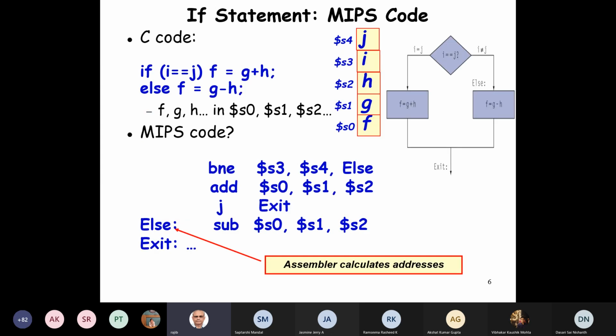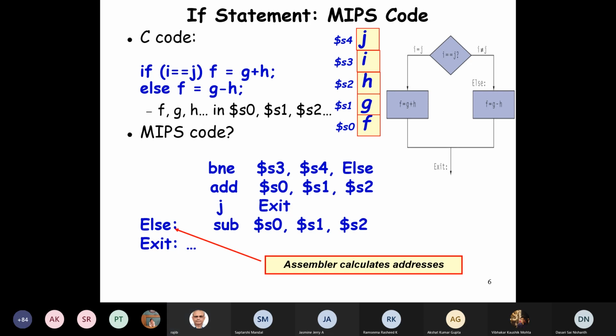Now let's look at conditional statements. A C conditional statement: if i equal to j, then f is g plus h, else f is g minus h. So this is basically a simple conditional statement. If i equal to j, then f is equal to g plus h, else f is g minus h, and then exit.